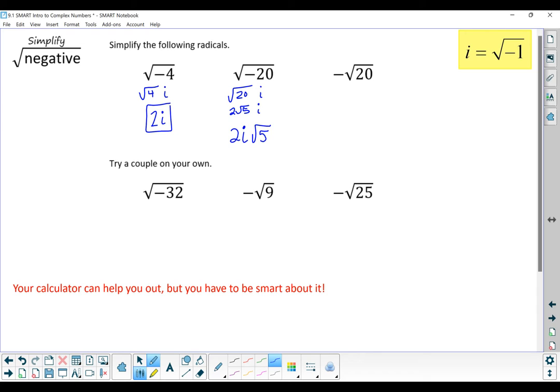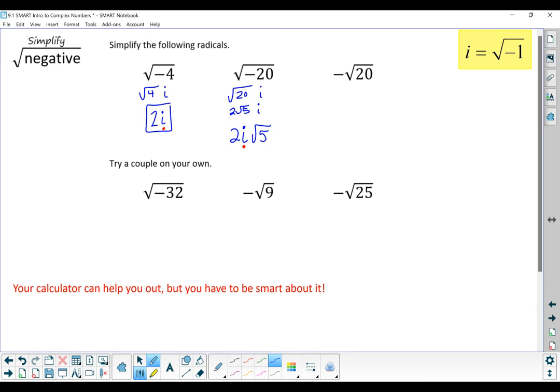If you have a whole number, it's customary to put the i after the whole number, like 2i. If you have a root, it's customary to put the i in front of the root. So if you have both a whole number and a root, the i usually just gets sandwiched right in between. The main reason for that is to make sure it does not look like the i is under the root, because it really can look like that with people's handwriting.